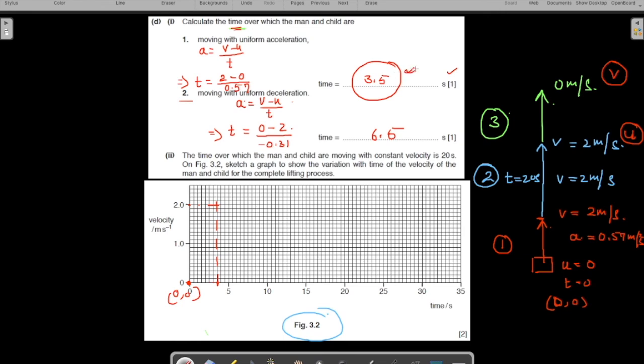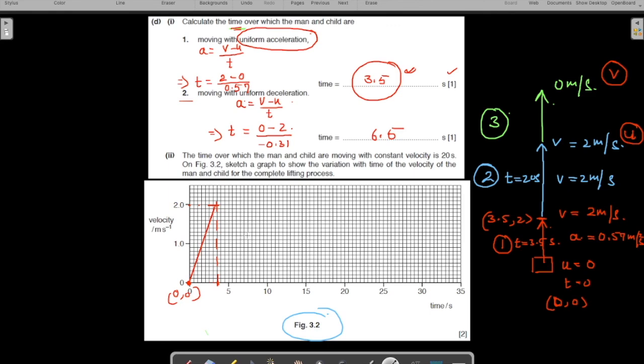After 3.5 seconds of uniform acceleration, what was the velocity? 2. So what is the new coordinate? 3.5 and 2.